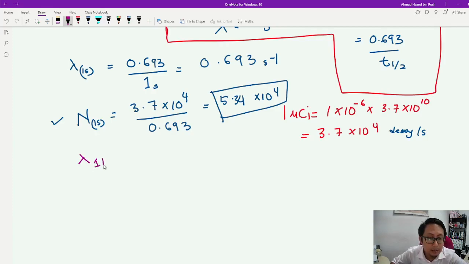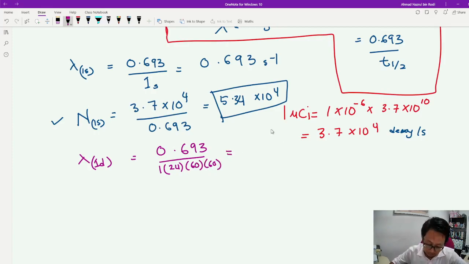Lambda is equal to ln 2, 0.693, over the half-life, which is 1 day. 1 day is equal to 24 hours, 1 hour is 60 minutes, and 1 minute is 60 seconds, so we convert to seconds. The answer here is 8.02 times 10 power of negative 6 per second.